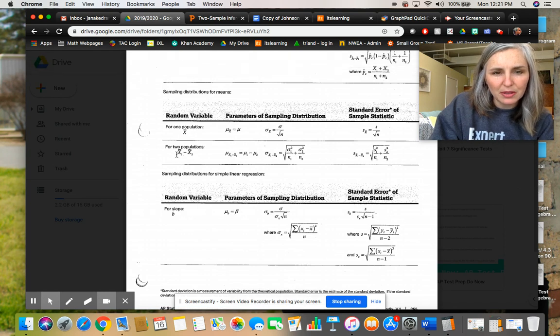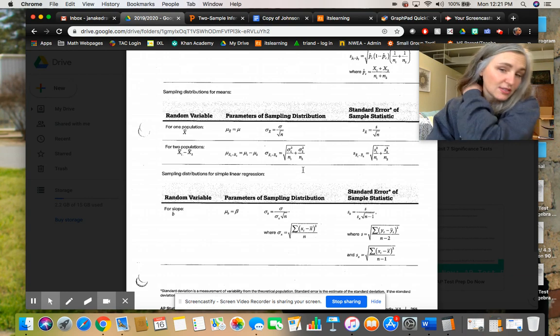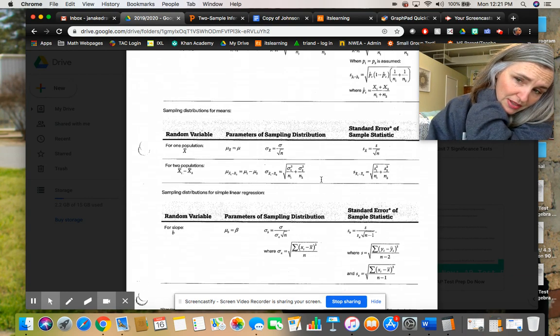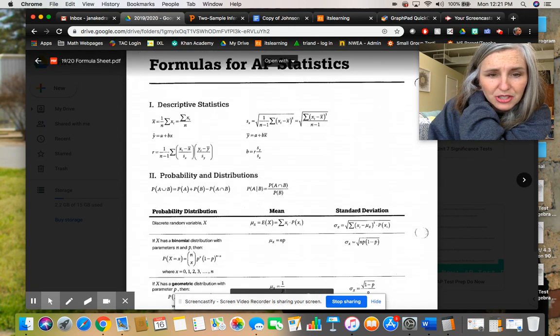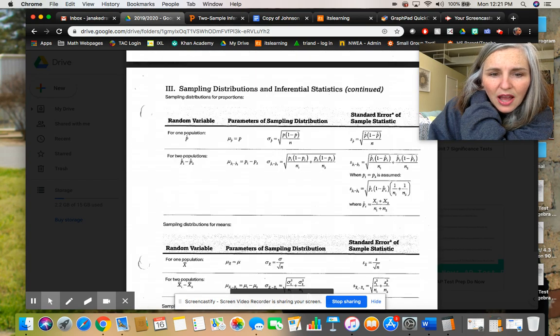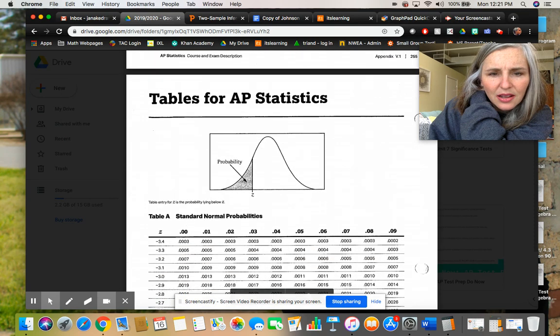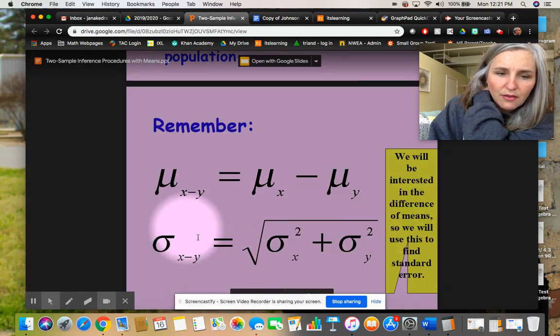For two populations, x bar minus x bar, the mean is just subtracting them, but the standard deviation is the square root of standard deviation squared plus standard deviation squared. And of course, this is for a sample, so I'm on the sample page. I just don't have this new formula sheet memorized yet. The difference here is that this is for a sample and the other is for a population.